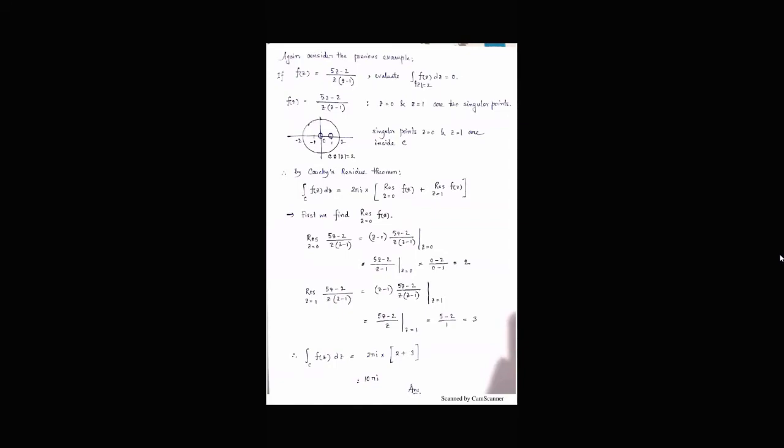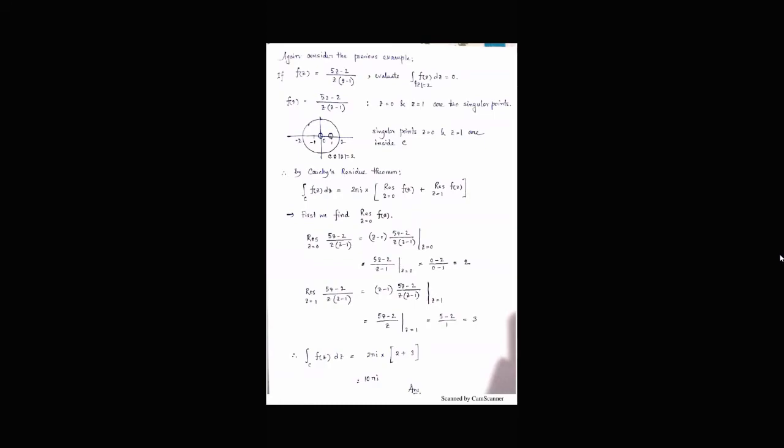Sir, I did not understand what you explained before the Cauchy residue theorem. Okay, go to the third page, the theorem. So you are given a function f(z). Now the function is analytic everywhere except at some points in a closed contour.